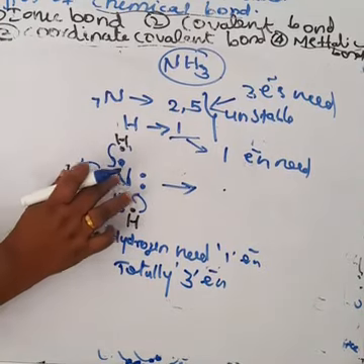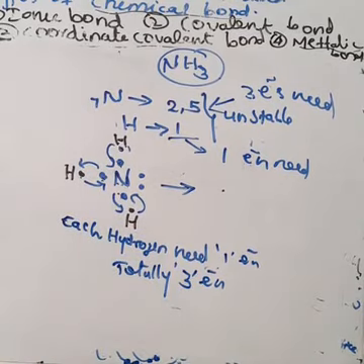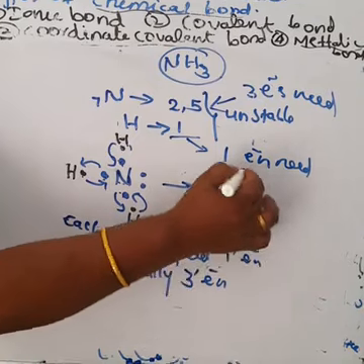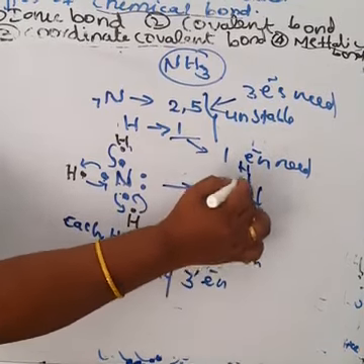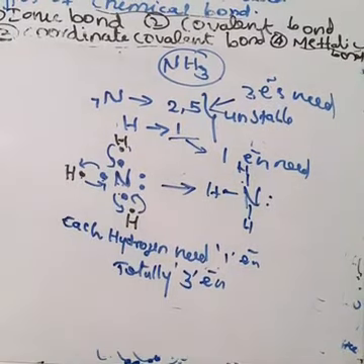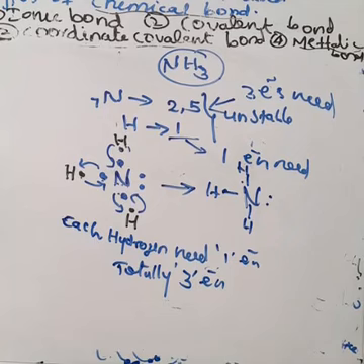So 3 pairs of electrons are shared here. How many covalent bonds are formed here? 3 covalent bonds are formed. This is the bond pair, and this is the lone pair of electrons. This is about covalent bond. I hope all of you understood.